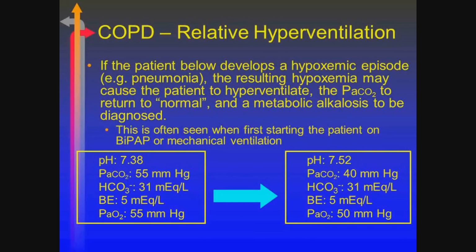It's just that acute respiratory alkalosis superimposed on a chronic ventilatory failure. So whenever I see a metabolic alkalemia, first thing I always think of is, is this really a respiratory acidosis? Is this really a chronic ventilatory failure that's hyperventilating? Because as you'll find, metabolic alkalemias are pretty rare.